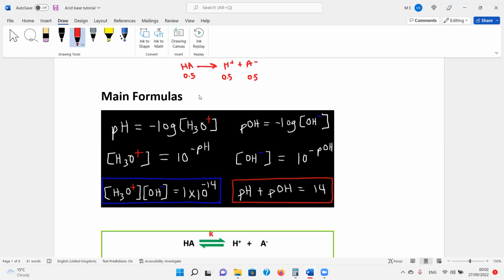Okay, now if you have, let's say, H2SO4, which is a strong acid, when this dissociates, it will give you basically 2 moles of hydrogen ions and 1 mole of the sulfate ion.